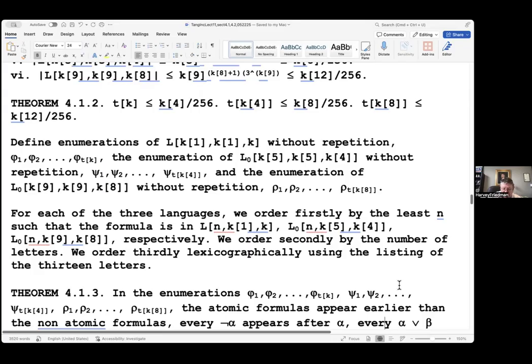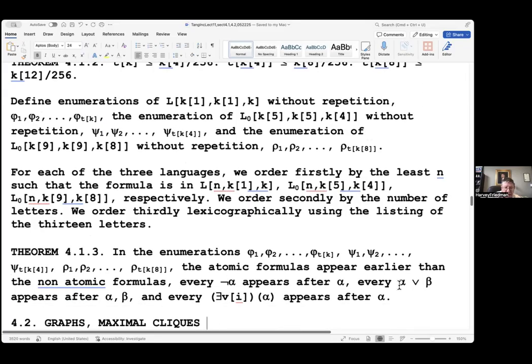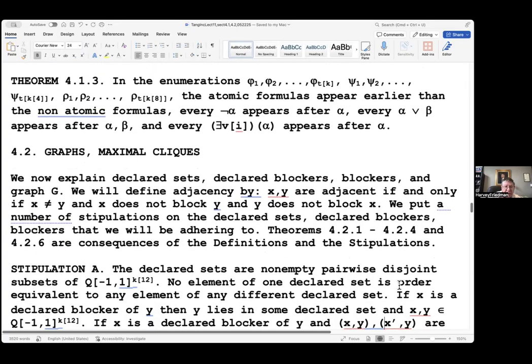Okay. I mean, you don't have to do it quite that way. But here's the point. In the enumerations, and this we used in section 4.3, the atomic formulas appear first. Every not alpha appears after alpha, every alpha or beta appears after alpha and beta, and every there exists V_i alpha appears after alpha.